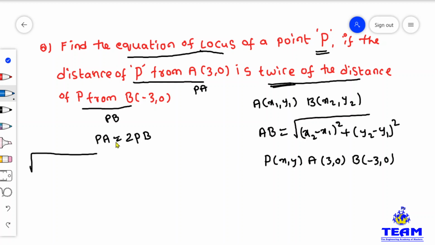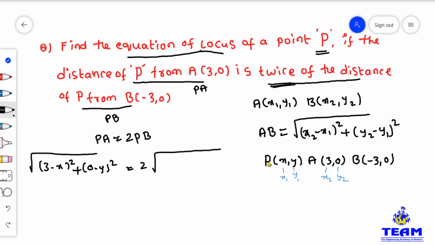So for PA, the first point gives x1 and y1, and the next gives x2 and y2. Substituting, x2 minus x1 whole square means (3 minus x) whole square, plus y2 minus y1, that is (0 minus y) whole square. This is equal to 2 times the square root of PB.